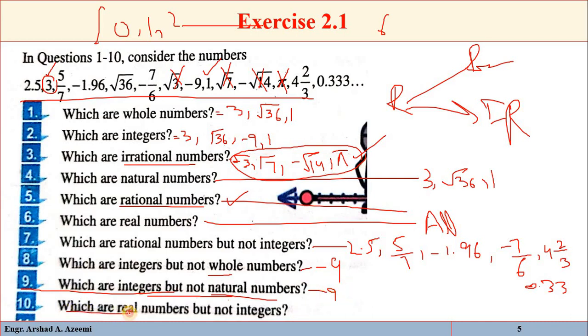And in question 10, which are real numbers but not integers? All of these numbers are real, but we have to take out the integers.